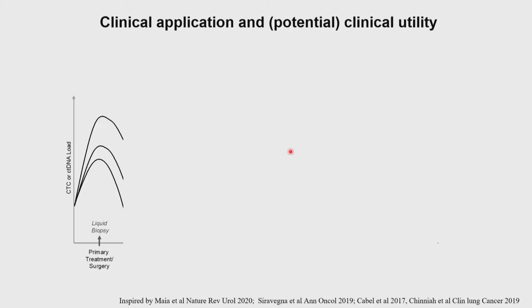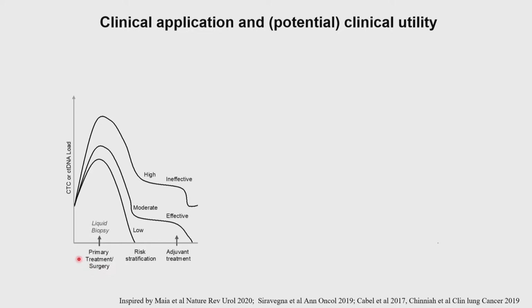However, beyond prognosis, there are several other potential clinical applications across the whole course of the disease of the patient. When you think of the primary tumor situation before surgery, sampling for CTCs can give information whether a patient has a higher or lower risk to develop relapse, to tailor adjuvant therapies.